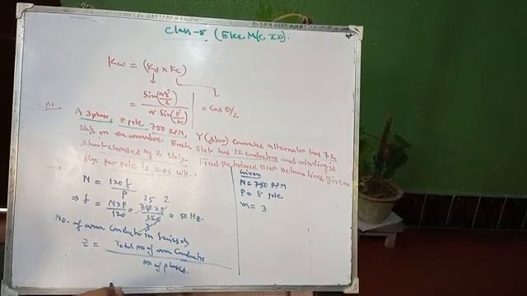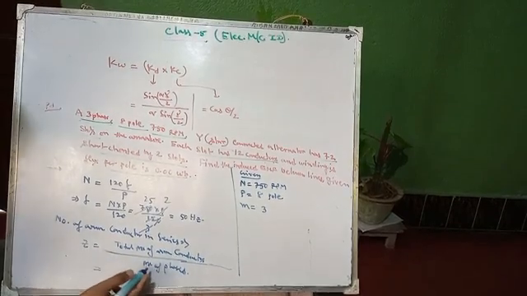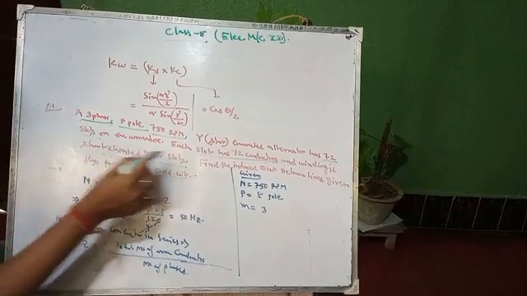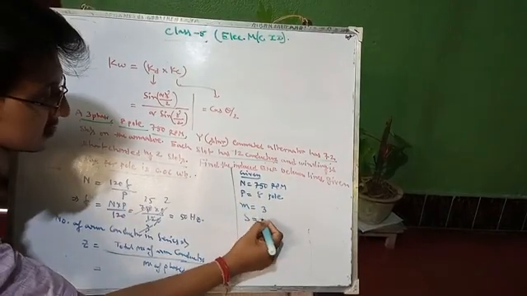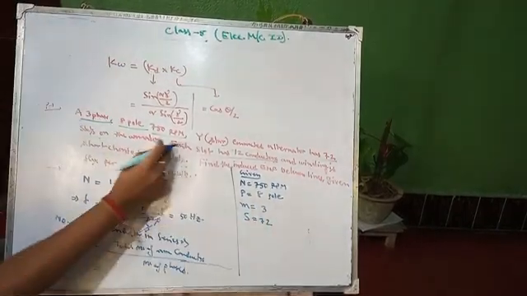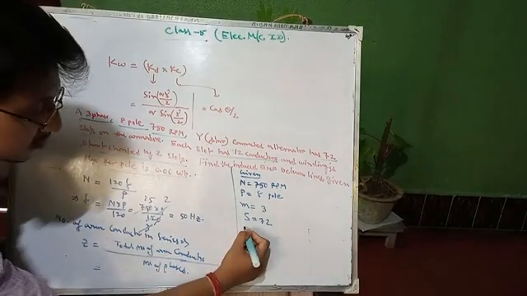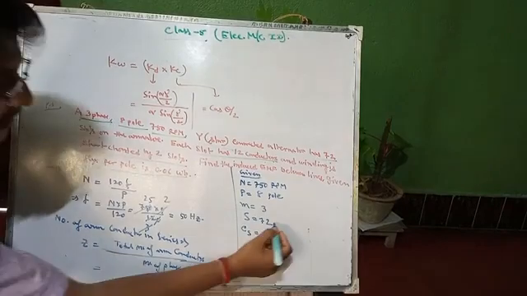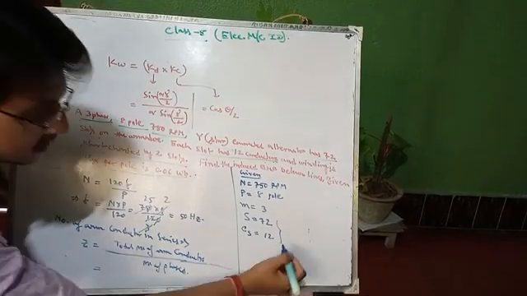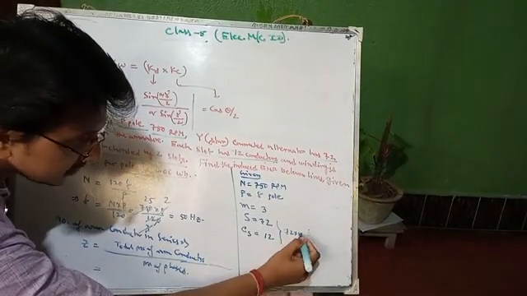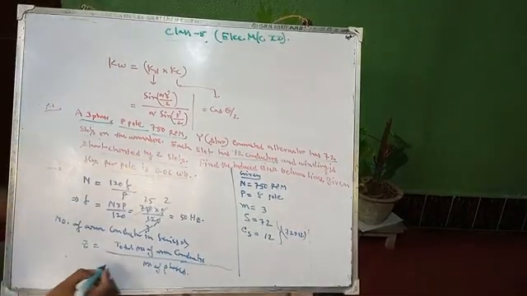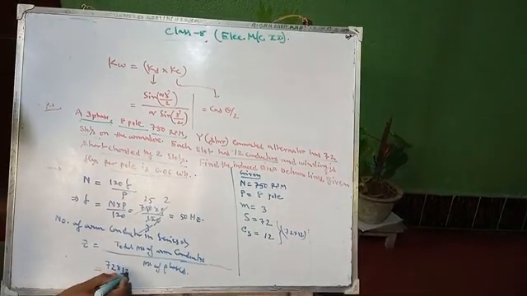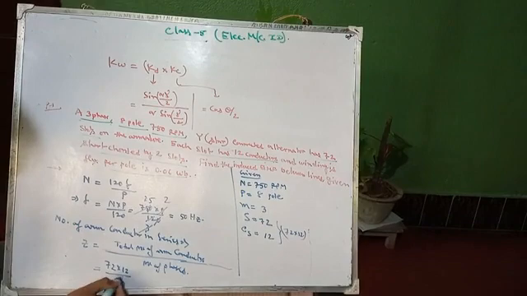So what is the total number of armature conductors here? S equals 72 slots, and each slot has 12 conductors, so conductors per slot equals 12. The total number of armature conductors is 72 into 12, divided by 3.